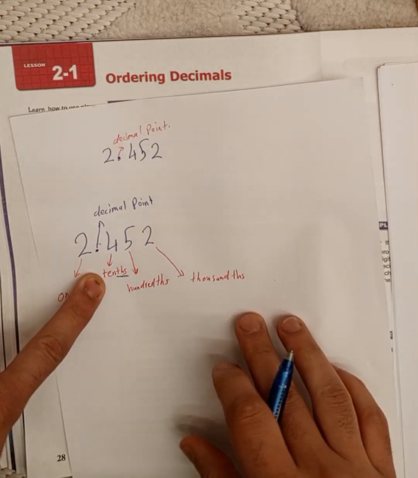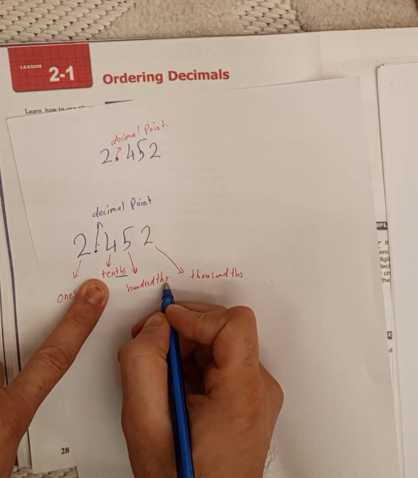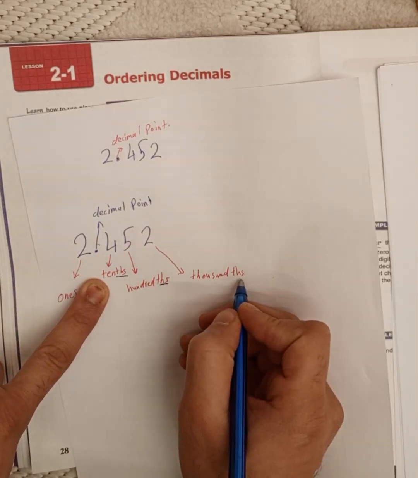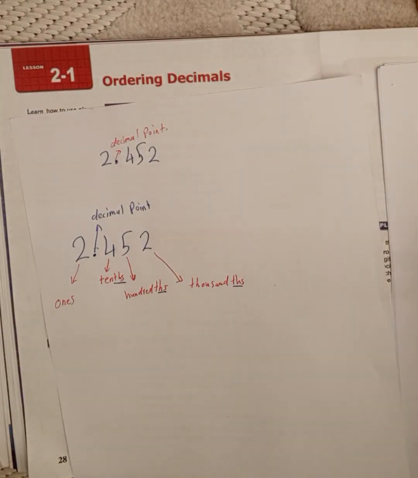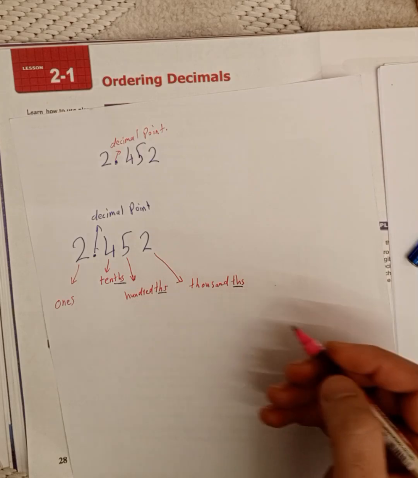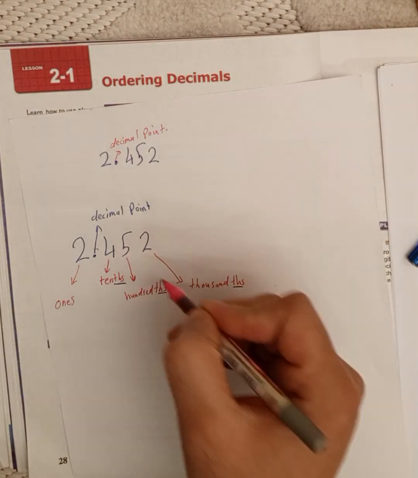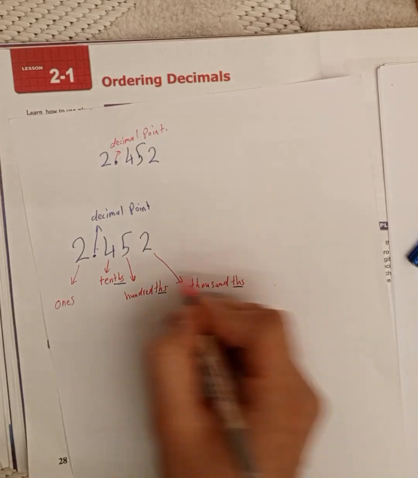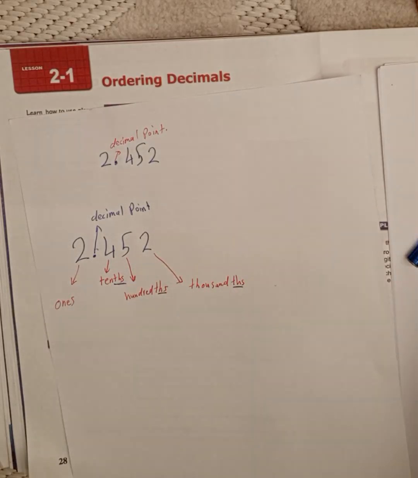The THS means that the number is a decimal number. Do not forget to write it: hundredths and thousandths. If you know the place value of each digit, it means the position of each number.